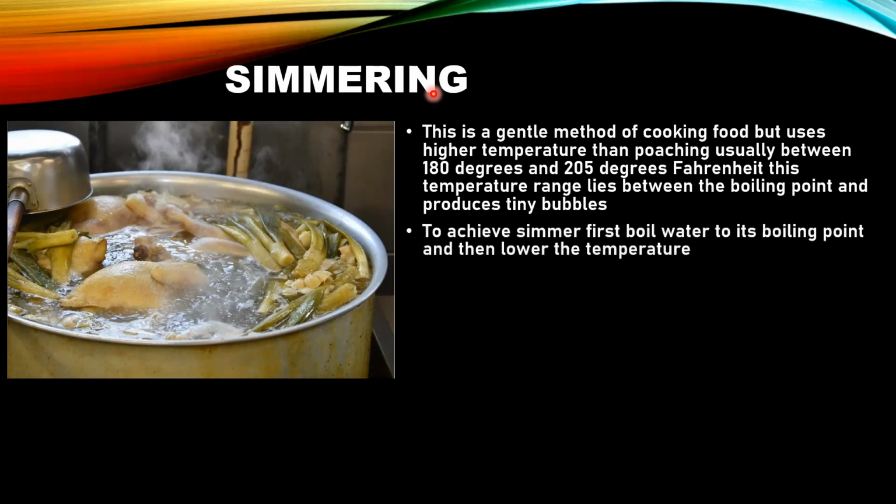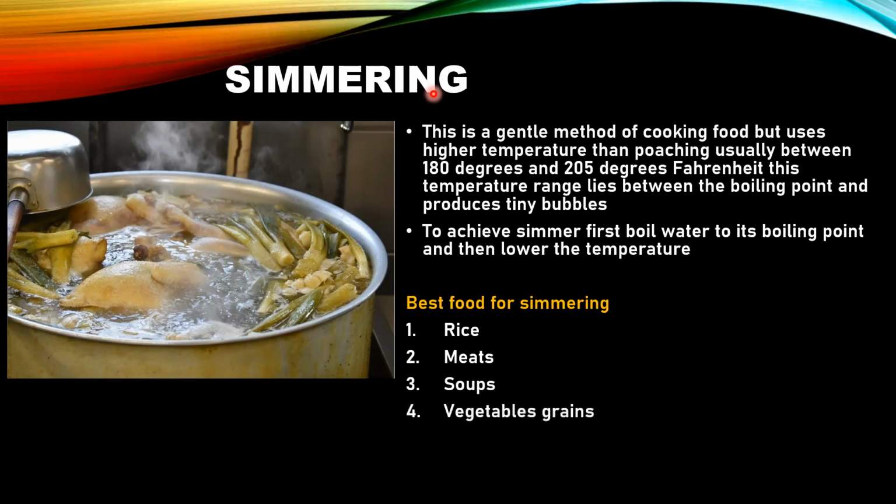To achieve a simmer, first boil water to its boiling point and then lower the temperature. The best foods for simmering include rice, meat, soups, vegetables, grains, and legumes.